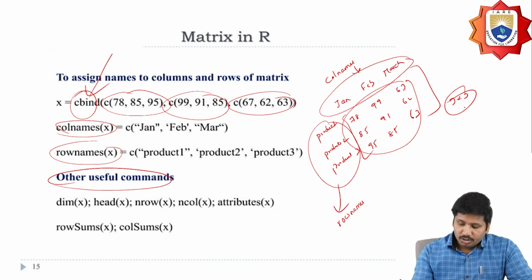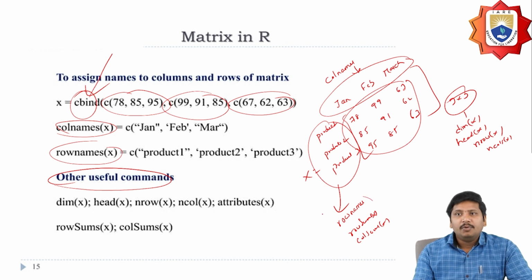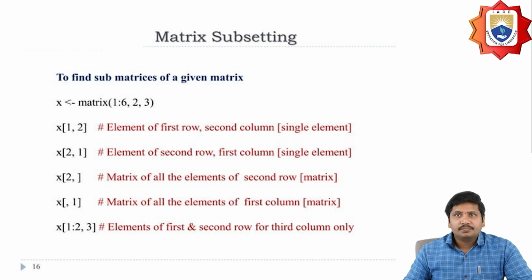Suppose I want to know the dimension of the matrix, I can try dim of x. I can also find the headers of the matrix x, how many rows and columns it has, and the row sum values and column sum values. Like this I can find out the values of the matrix.